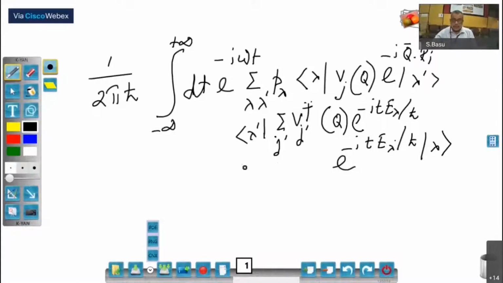So what I did actually, I introduced an integral for the delta function, and I had three terms there.